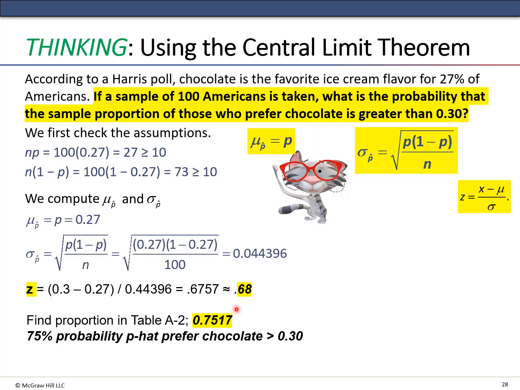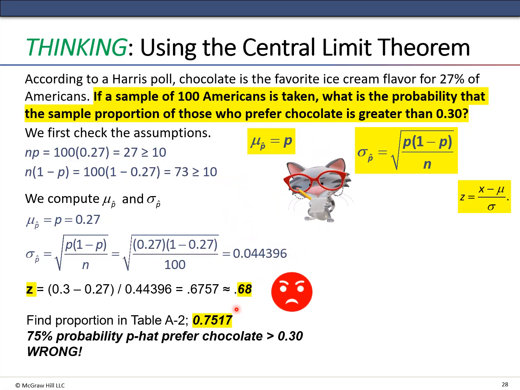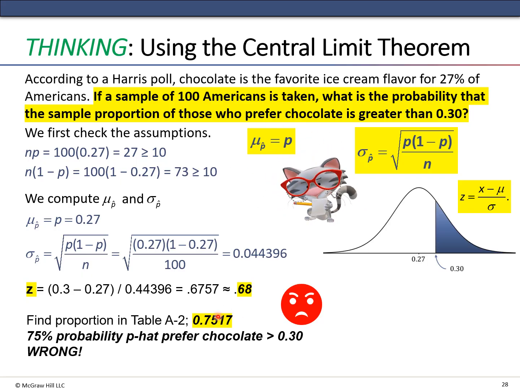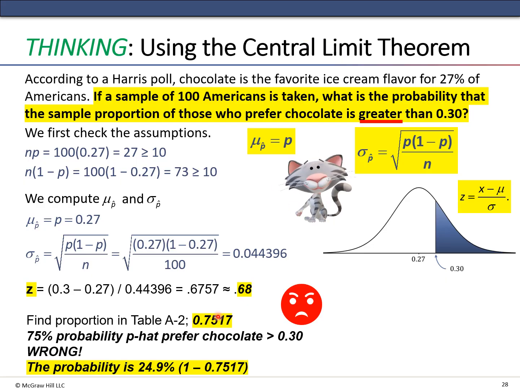This is not correct. 75% do not prefer chocolate. It's not a higher percent, because this 75 represents the probability of less than 30. So if we want the probability of greater than 30, we have to subtract that from 1. And so we get a probability of 24.9%.